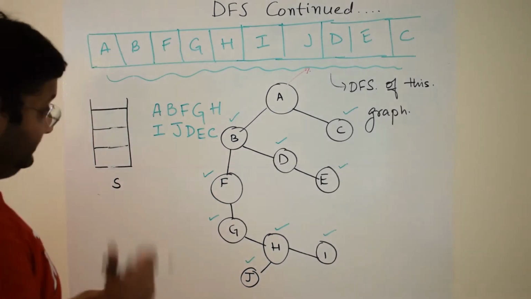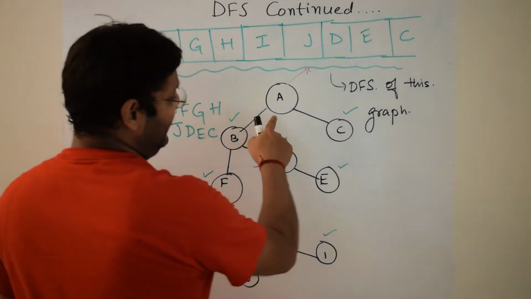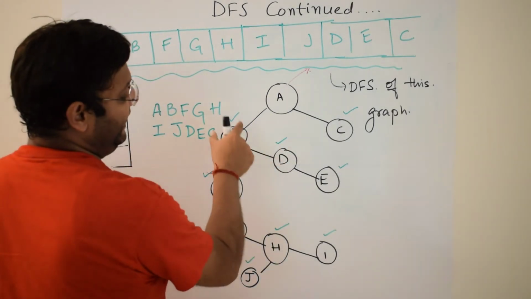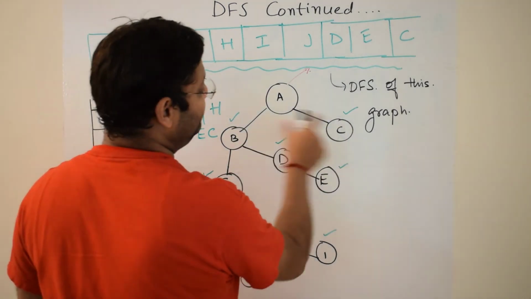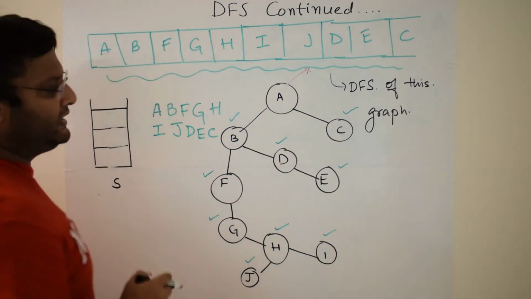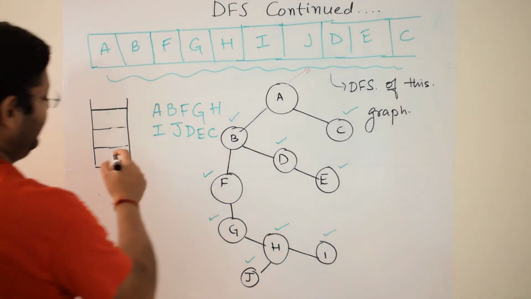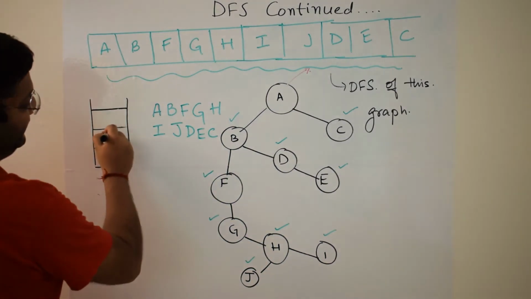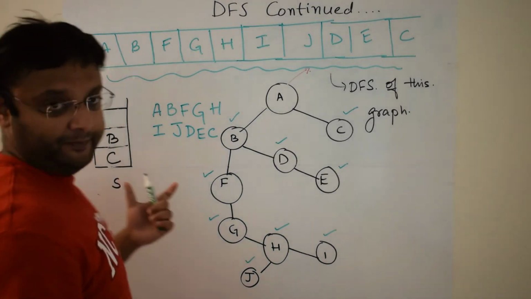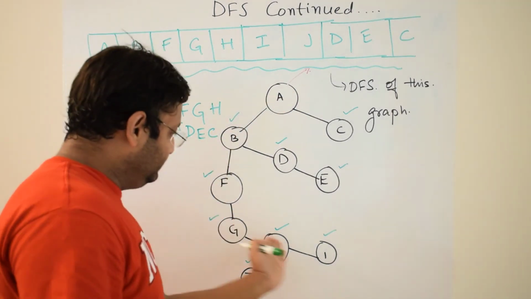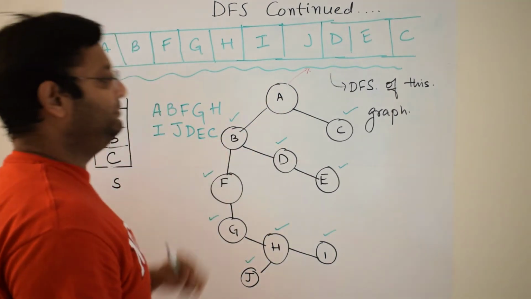How? The reason is, when we popped out A and pushed two of its unvisited neighbors, I told you at that time that you had a choice. What we had done was push C and then push B. That's why we traversed through this path, right?